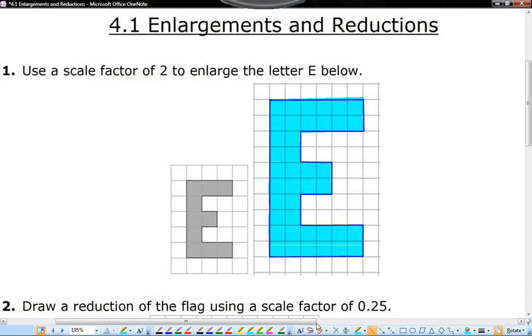It's not quite perfect, but it's not bad. Okay. Fill in those few little gaps that I missed. There we go. So that's an enlargement by a scale factor of 2.